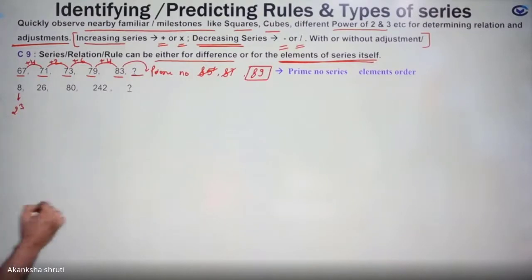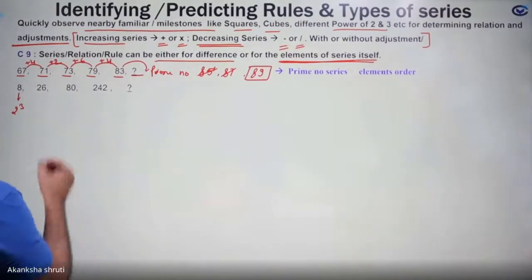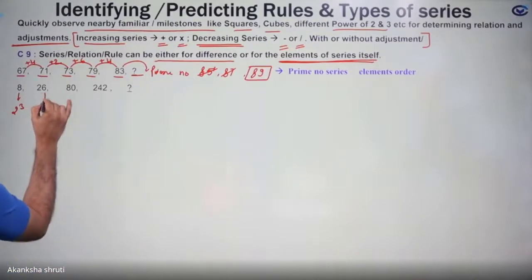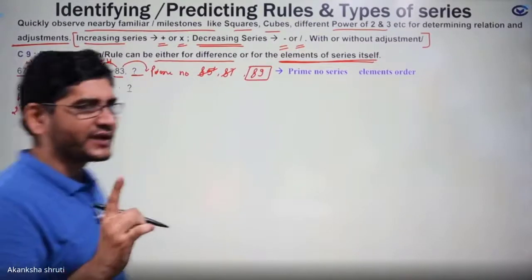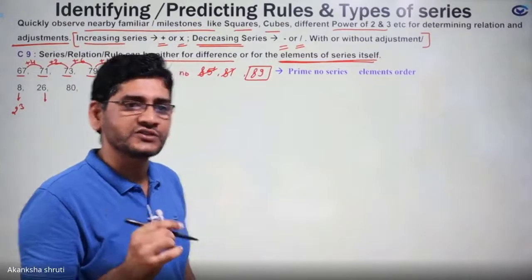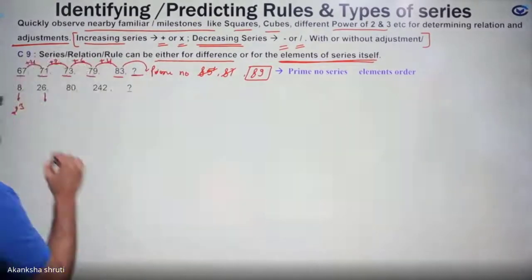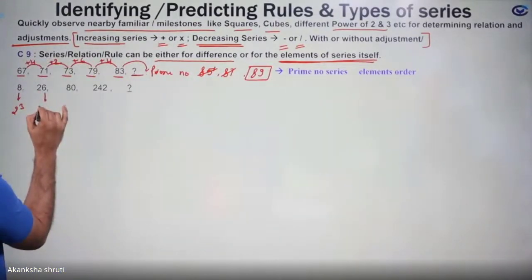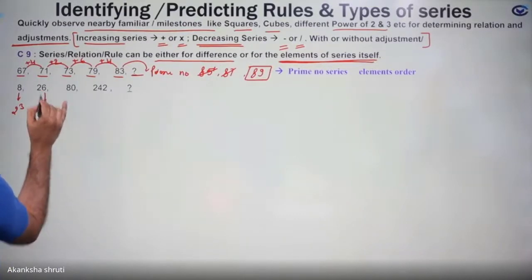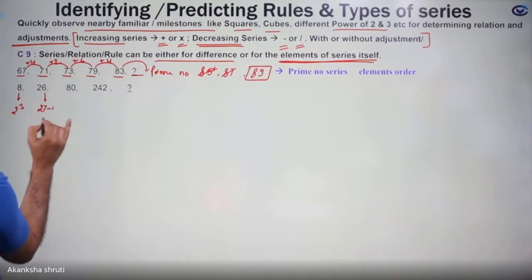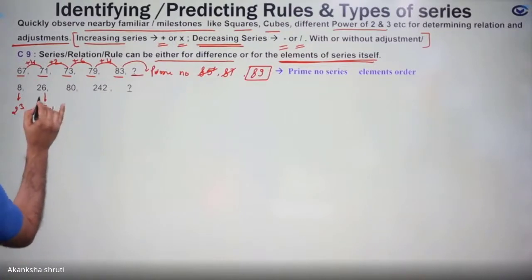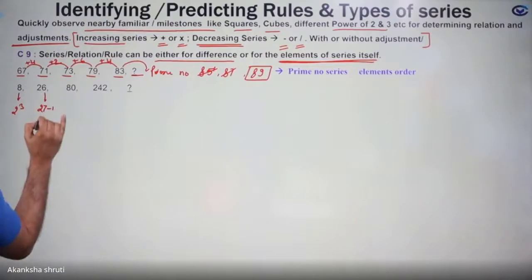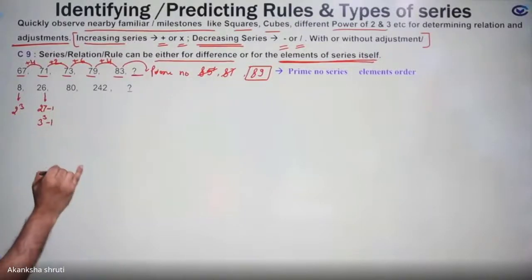But coming to 26, 26 is not any of the familiar numbers like a square or cube. But we know that if we take 27, which is near to 26, then 26 is like 27 minus 1. It means this can be understood in terms of 3 cube minus 1.